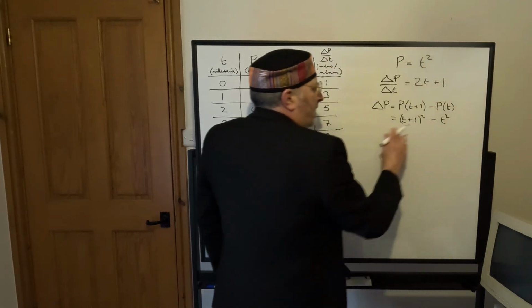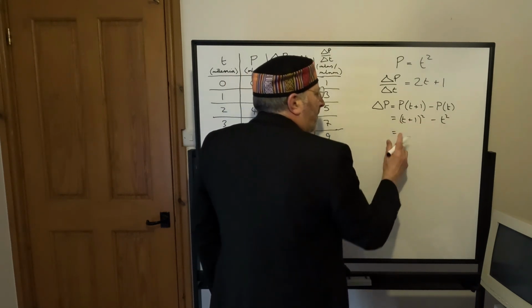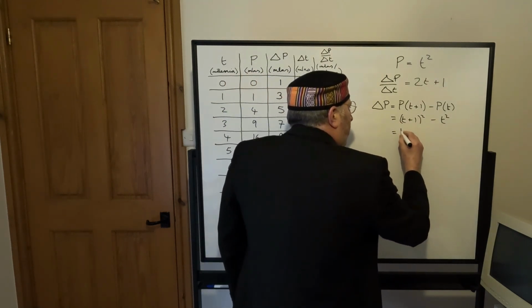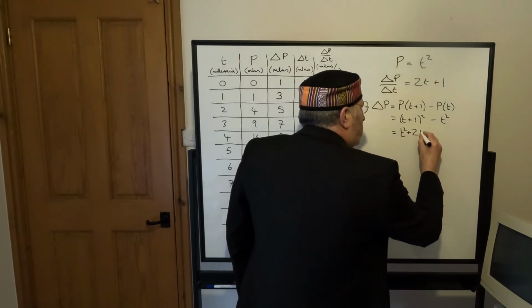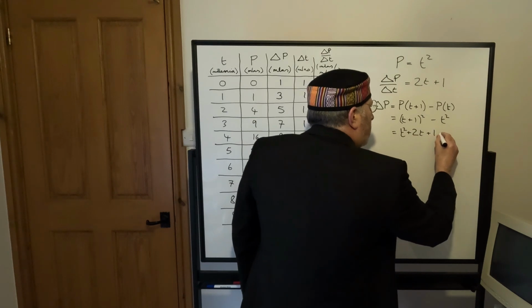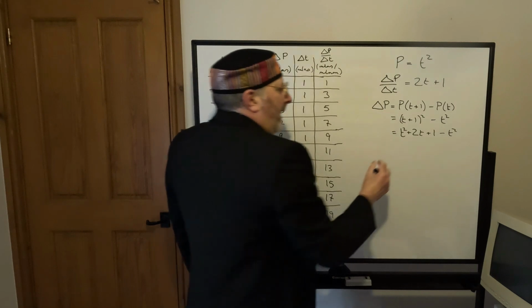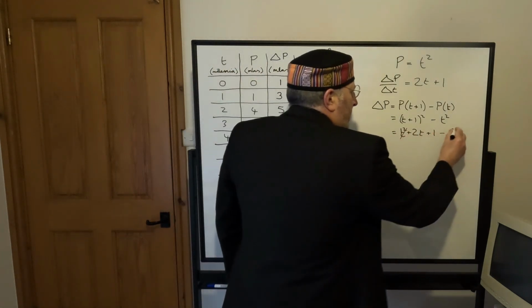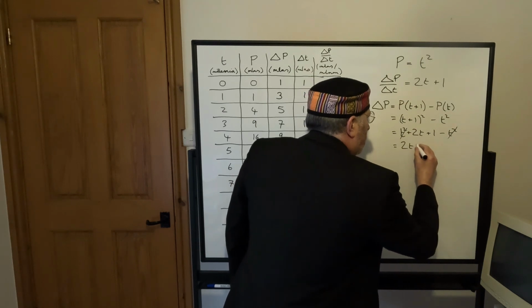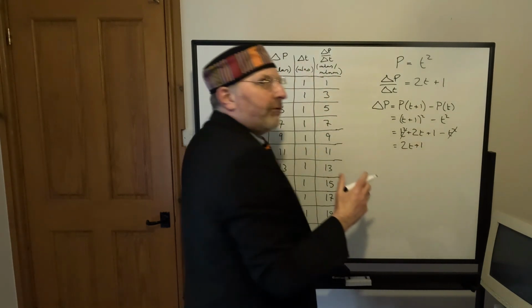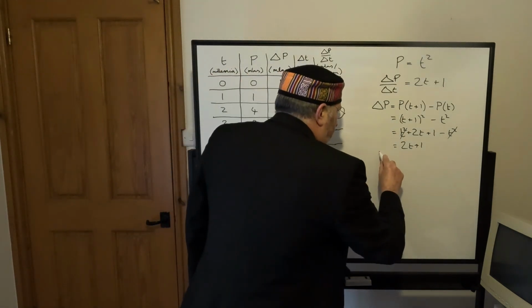And then t plus 1 squared, using our basic mathematics, we multiply out the bracket, and that gives us t squared plus 2t plus 1, and then minus t squared. And the t squareds cancel, and we're just left with 2t plus 1. And that's delta p.